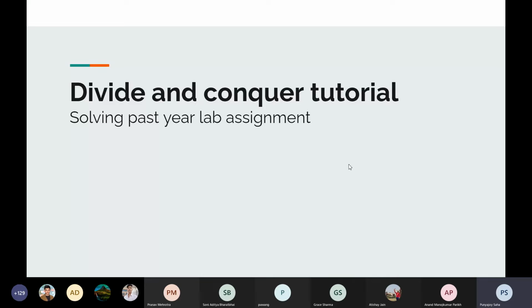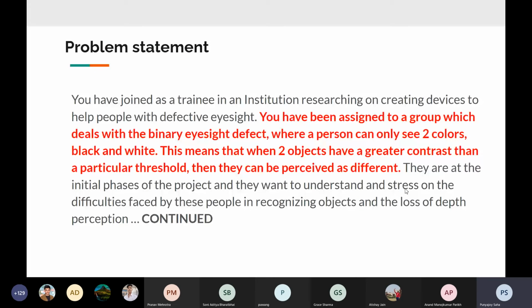Today our target is, based on the feedback from last year, to solve the past year lab assignment. I'm not sure how many of you have seen the assignment or tried to solve it, but let us first go through the problem statement. I will also read it, and then we can see how to solve it.